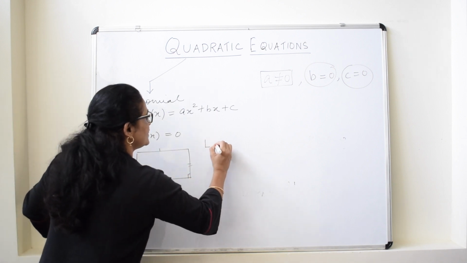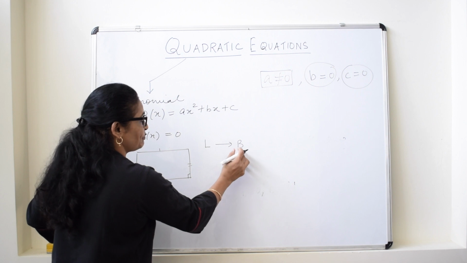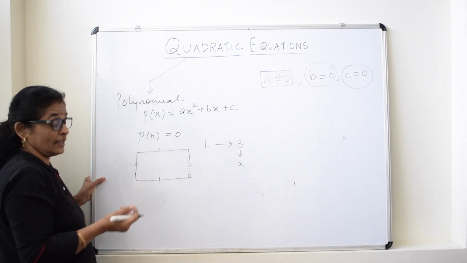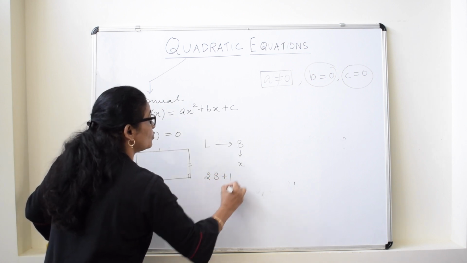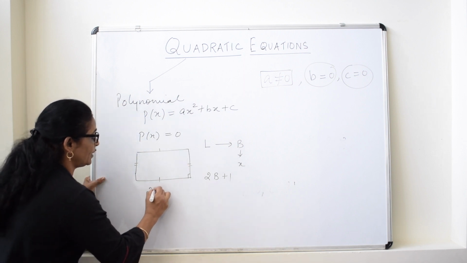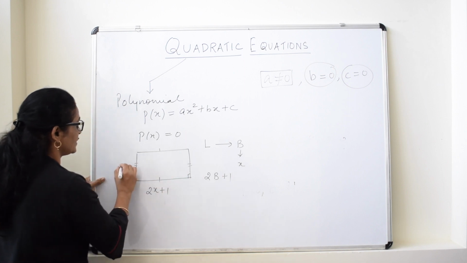So, length is related to the breadth. It means that we can start with this breadth as x. So, as I said, the condition, length is twice the breadth plus 1. So, ultimately, the length will be 2x plus 1 and the breadth is x.